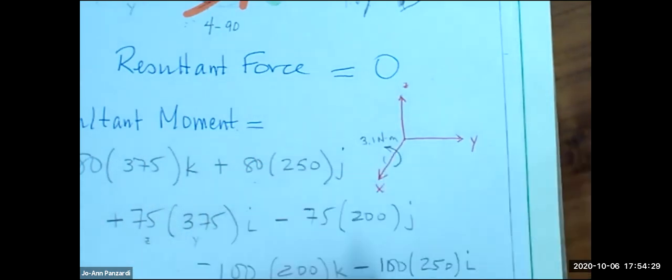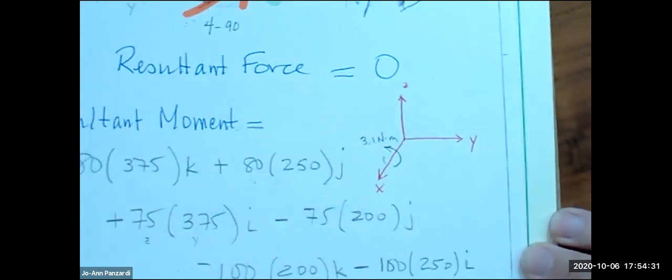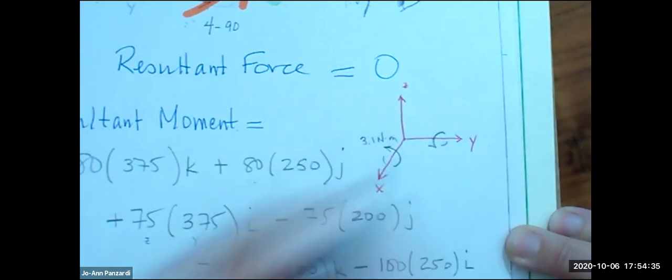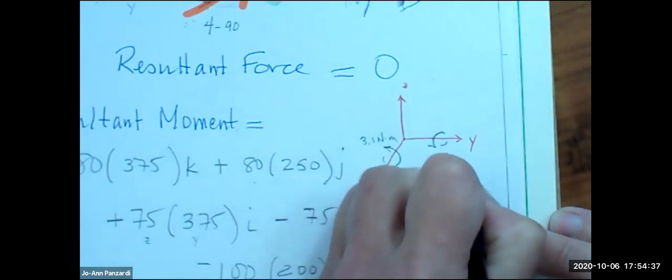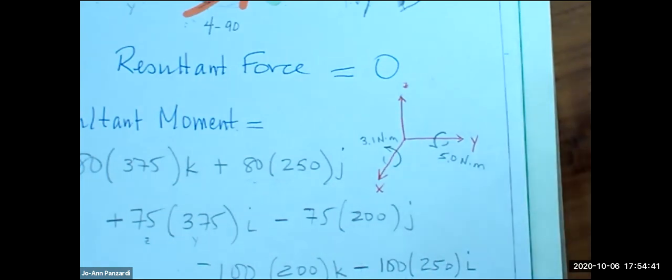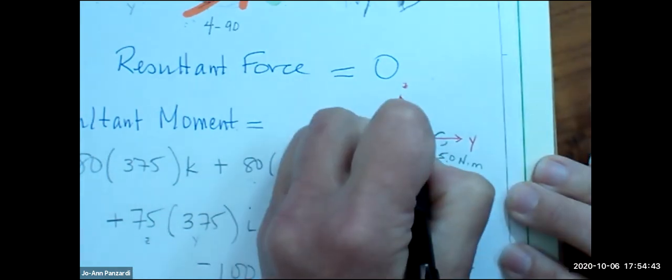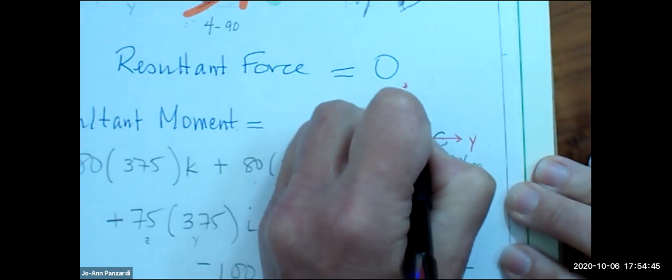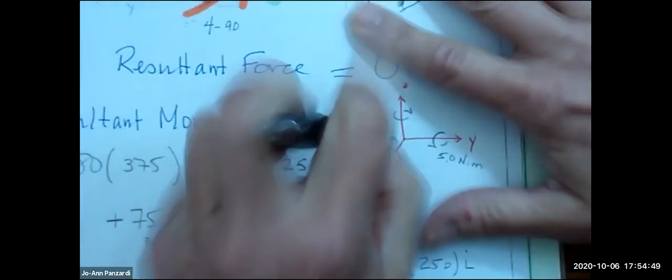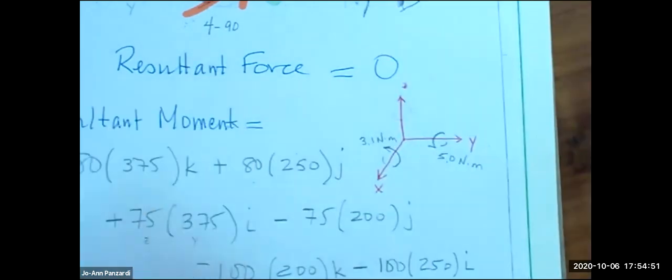Did I draw it in a positive way? The Y has a positive, it's 5.0 Newton meters. And the Z is negative. Sorry, it's positive. Positive 10.